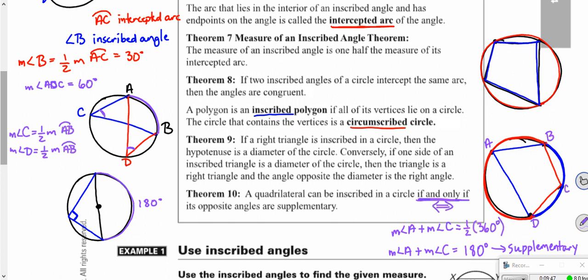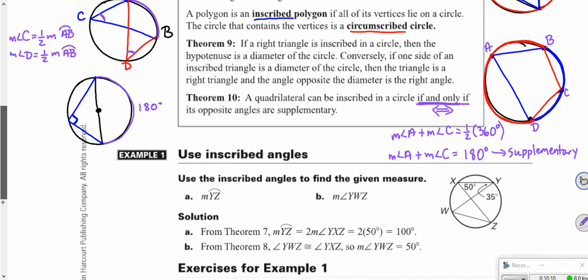I hope you all kind of see that. So if a quadrilateral is inscribed inside a circle, or if a circle is circumscribed about a quadrilateral, then opposite angles have to be supplementary. Because again, they have to add up to 180, because the intercepted arcs add up to 360.